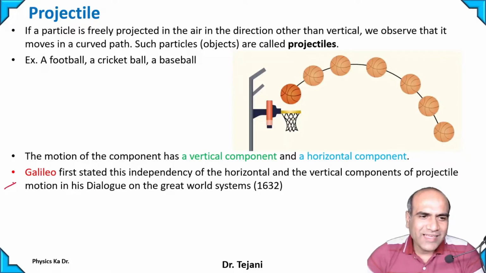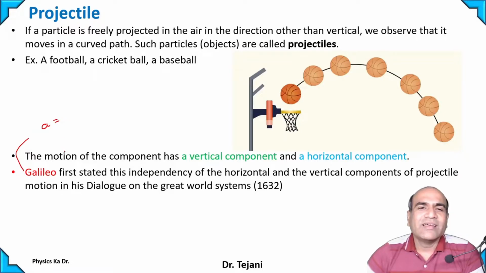If we go back in history, who derived this? We know Galileo, we heard of him before, right? The definition of acceleration was given by Galileo. Any body having a free movement in the air has a constant acceleration.